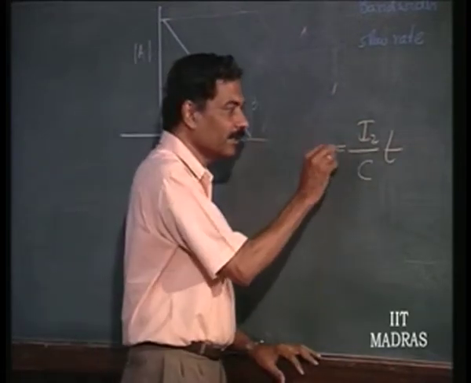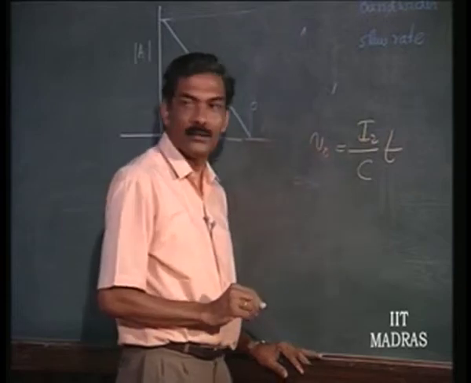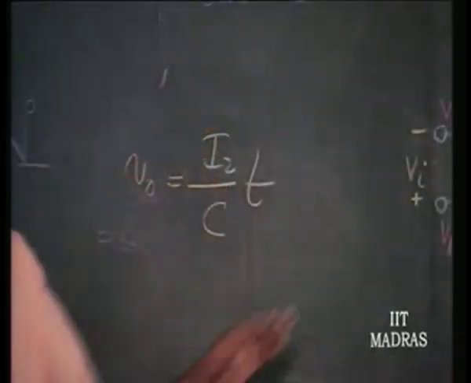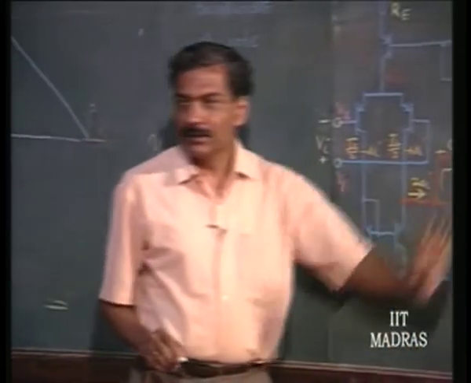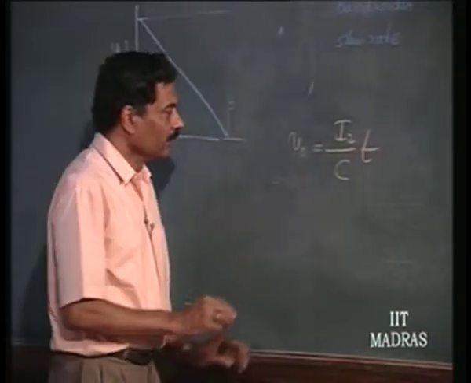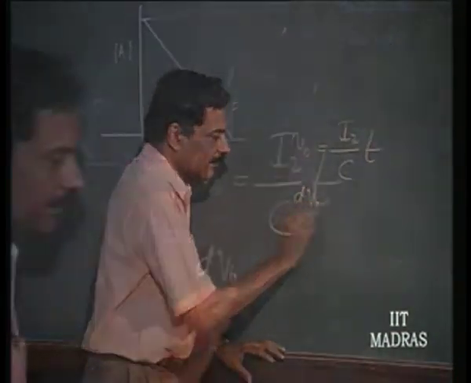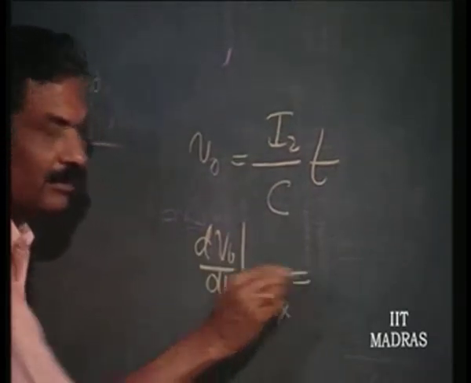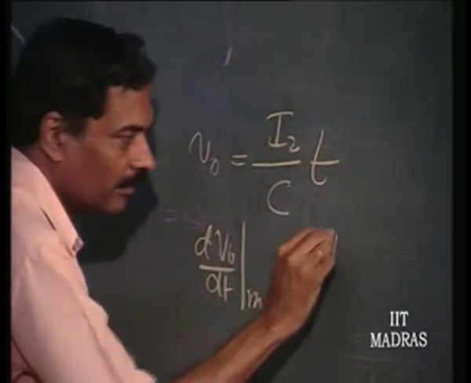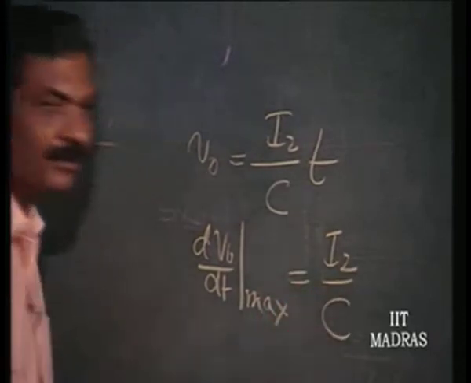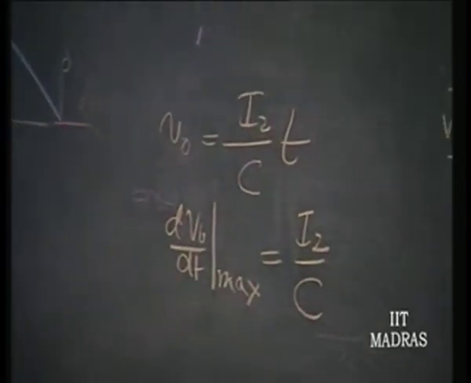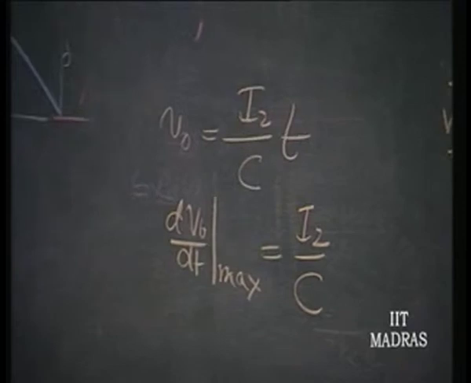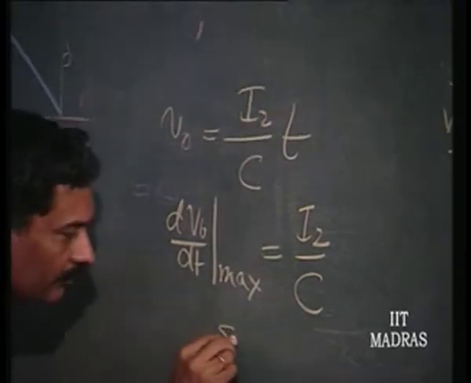What is this equal to? Nothing but V naught, right. But the gain of this stage is unity, right. So, dV naught by dt max is nothing but I2 by C, and that is defined by the manufacturer as slew rate.